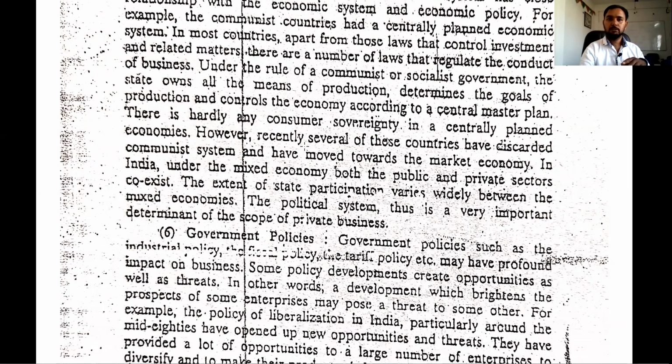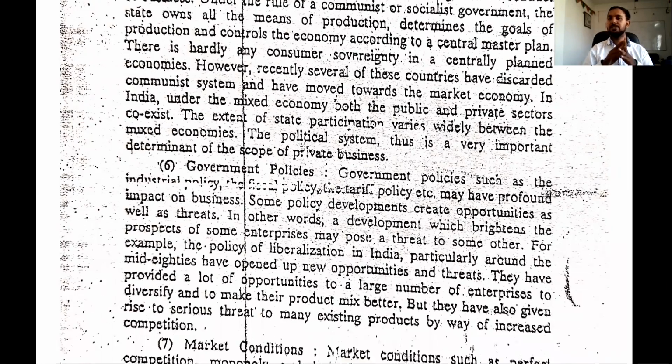Now we have the next factor, that is government policies. As I told you, in the political system, whatever policies, whatever bills the government makes and implements in the country, the companies and the firms affected by those policies need to be adjusted to them. They need to make such a strategy so that they can get maximum profit from that. They can get maximum benefit of those policies.